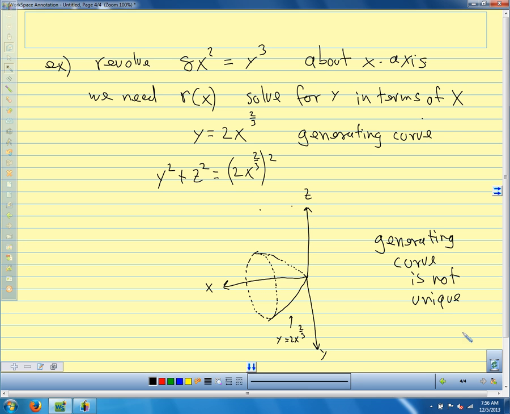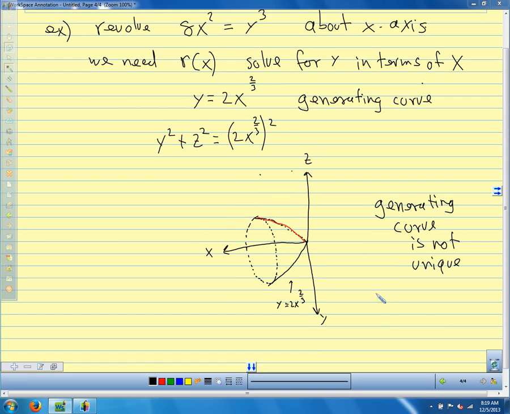So I could go with curves in any of the planes that form the boundary. So for example, if I looked at the curve in the xz plane, let me write it in red here, I could have gone with that as the generating curve in the xz plane.